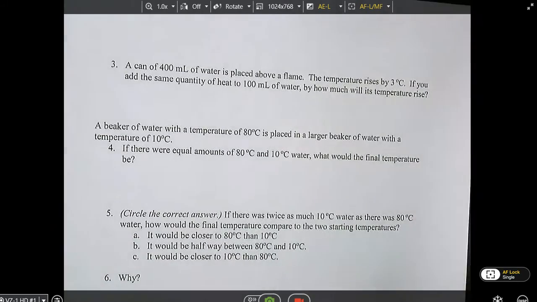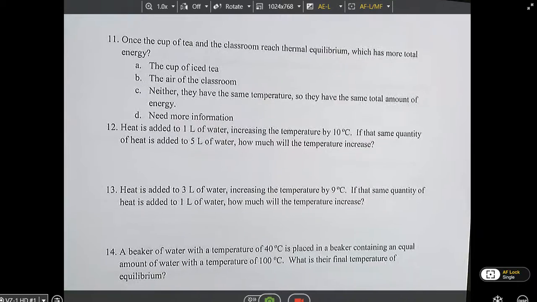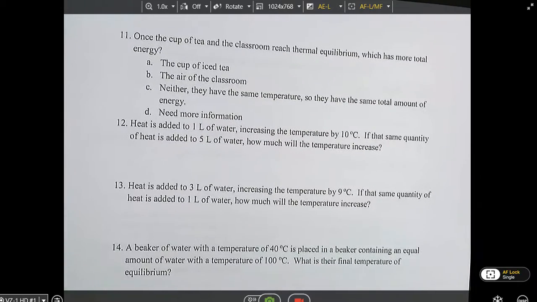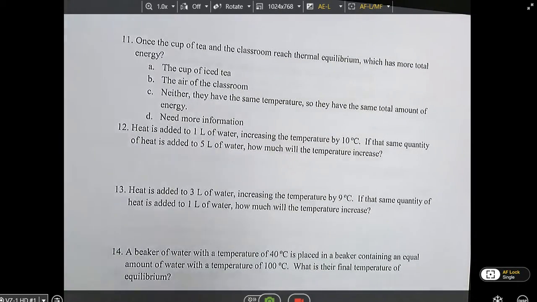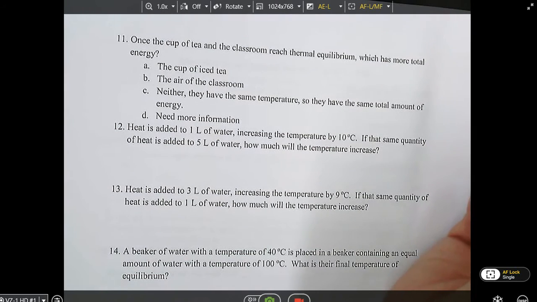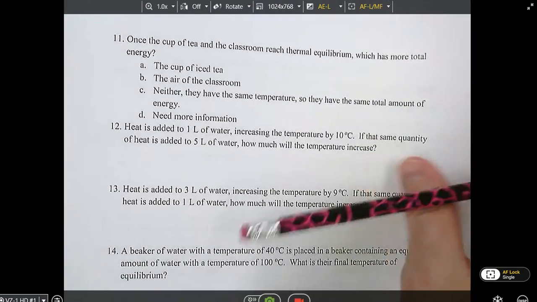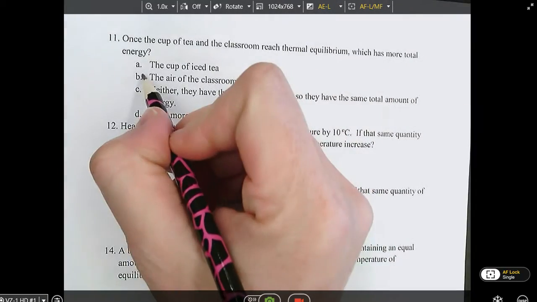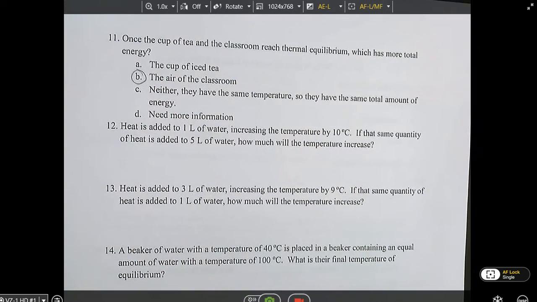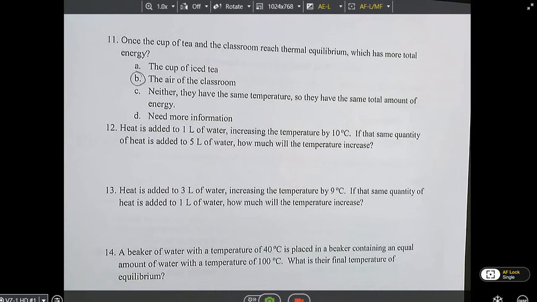Moving on to number 11. Once the cup of tea and the classroom reach thermal equilibrium, which has more total energy? Well, the total energy is dependent on the mass or the size. And so in this case, that would be the air of the classroom.